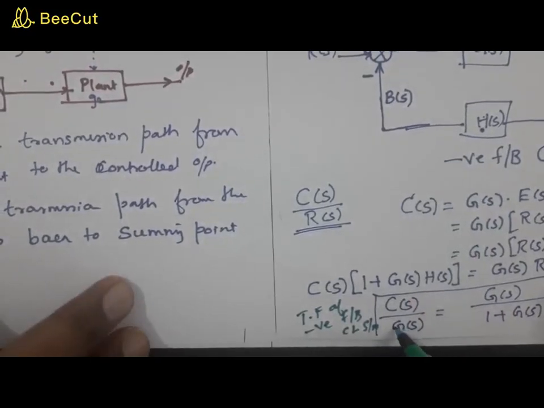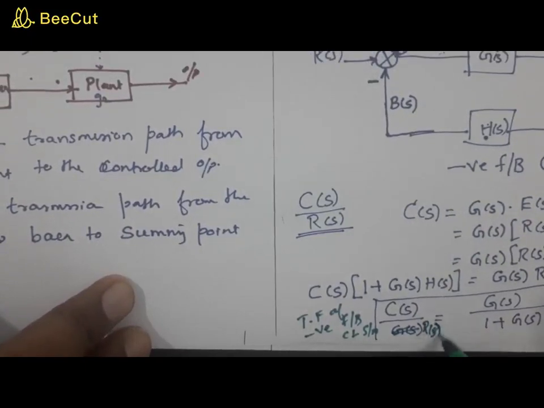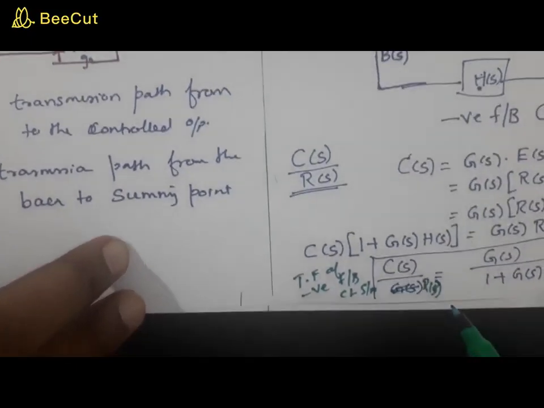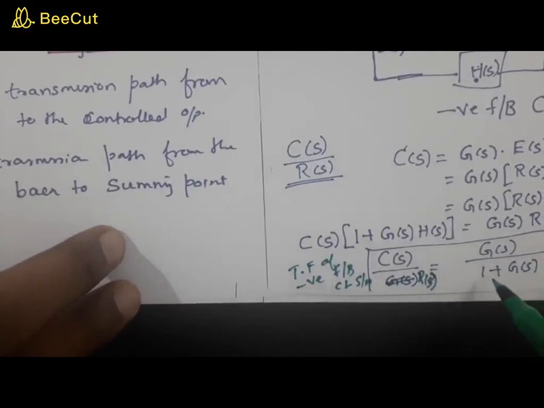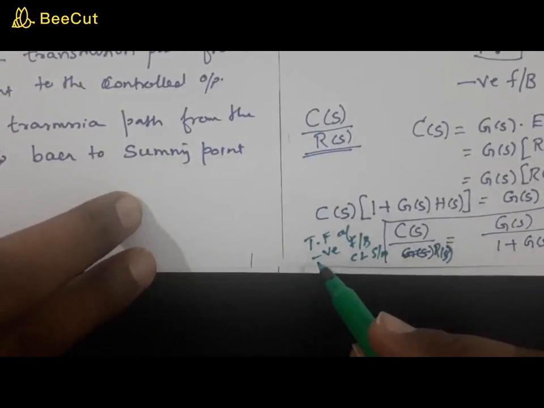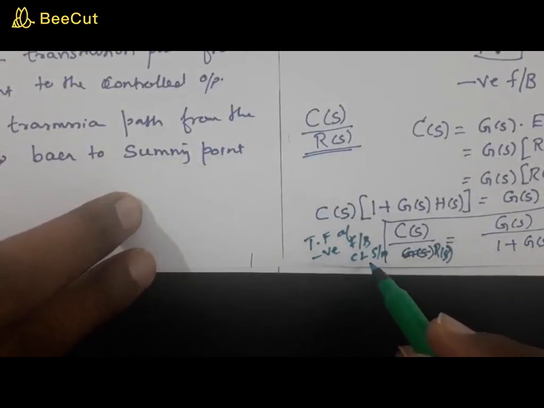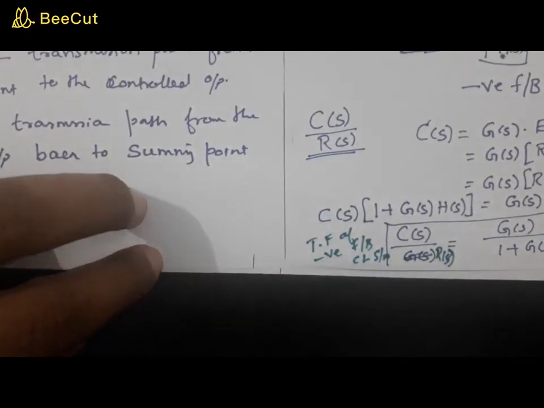So this is not C of s by G of s, this is C of s divided by R of s. That is the transfer function given by G of s by 1 plus G of s H of s, and that is the transfer function of a negative feedback closed loop system.